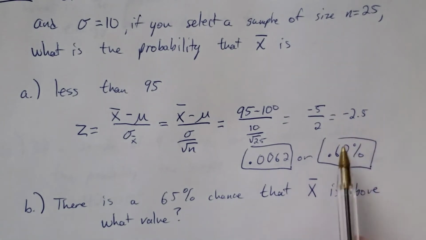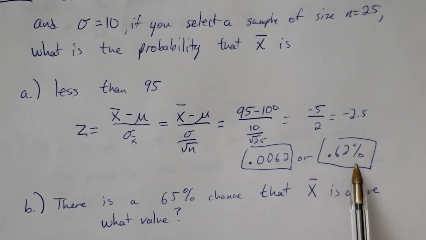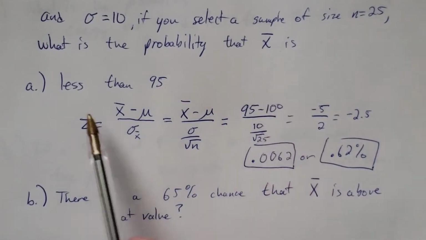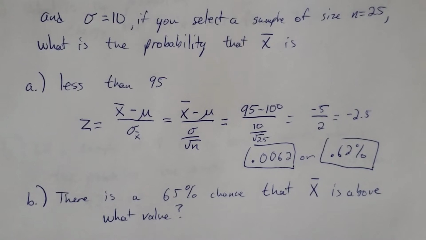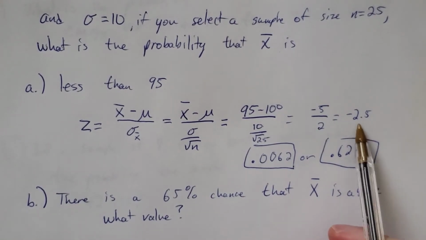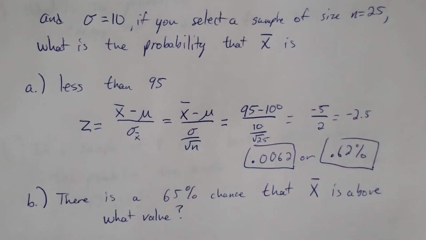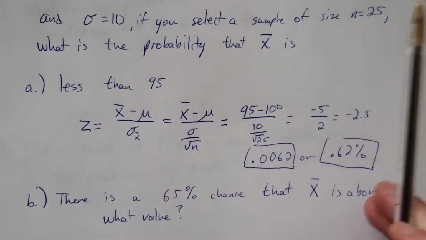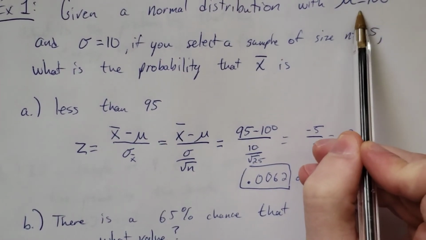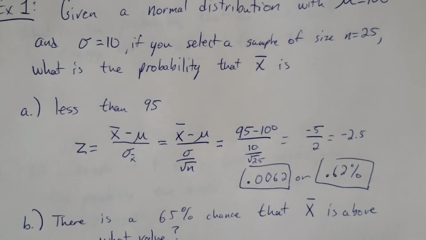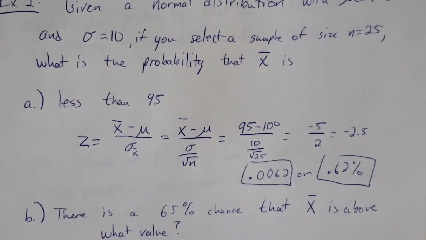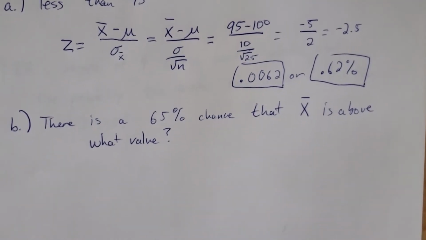This means that 0.62% is the probability that our sample mean is less than 95, because we're at 2.5 standard deviations below the value of the population mean. So very low chance. All right, let's do a next example.